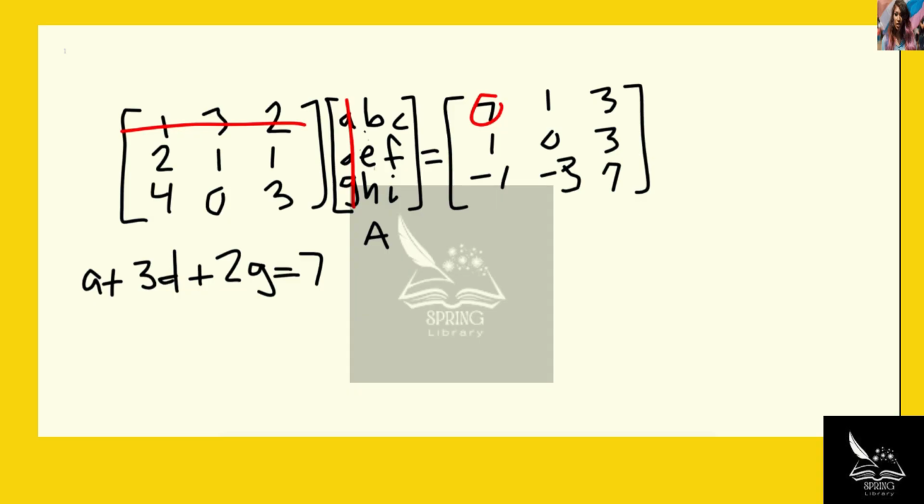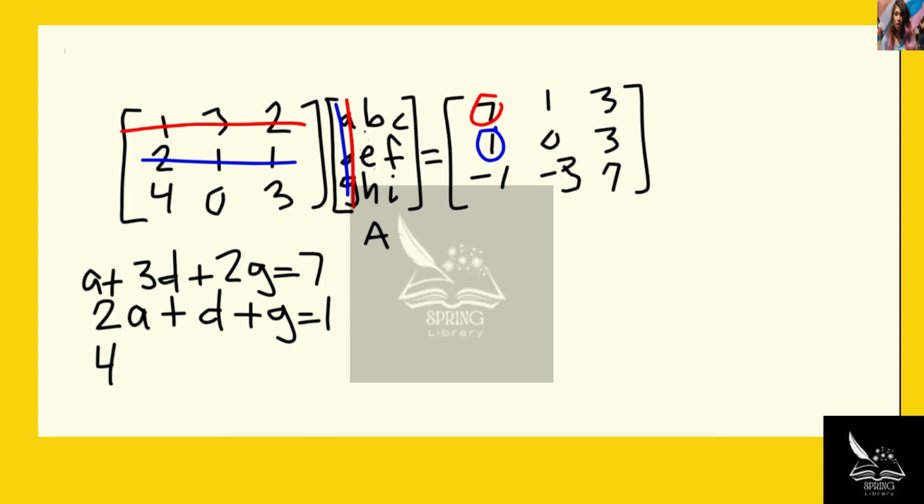Okay, and then if we take this row in the same column, to get this value here, we get 2A plus D plus G is equal to 1. And then similarly, if we do the next row but same column, 4A plus 3G equals -1, right?